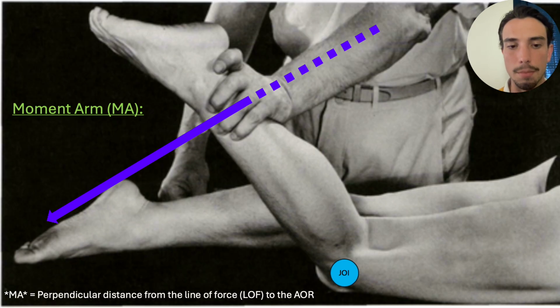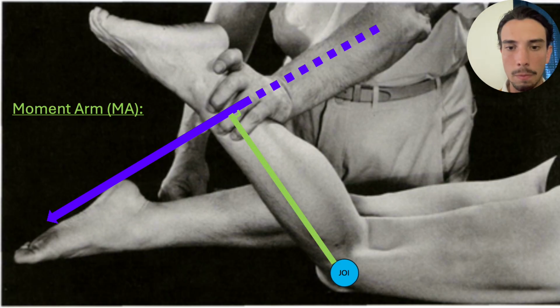Remember that this is just the perpendicular distance from the line of force, the line of force just being represented by this vector here with the arrowhead. The distance between that line of force and the axis of rotation that's going through the joint of interest. So we know that has to be perpendicular, so we're going to draw a straight line, and we represent it with this 90-degree angle showing that it is perpendicular.